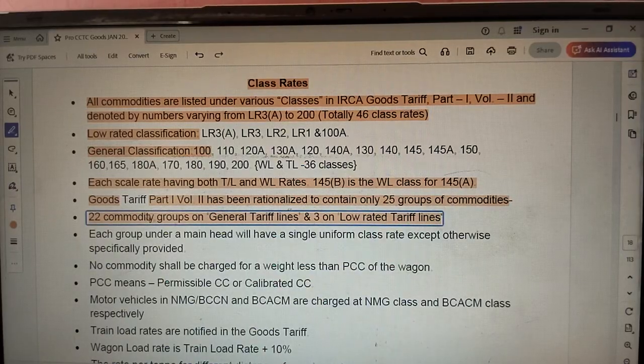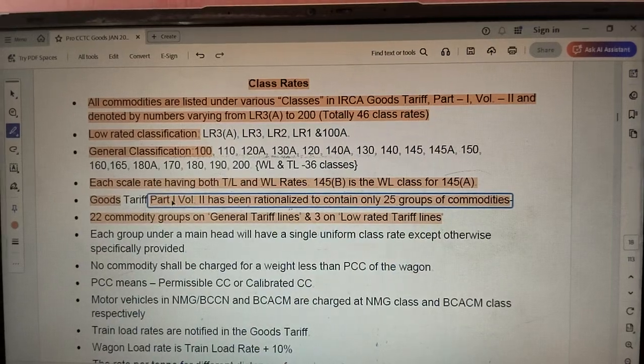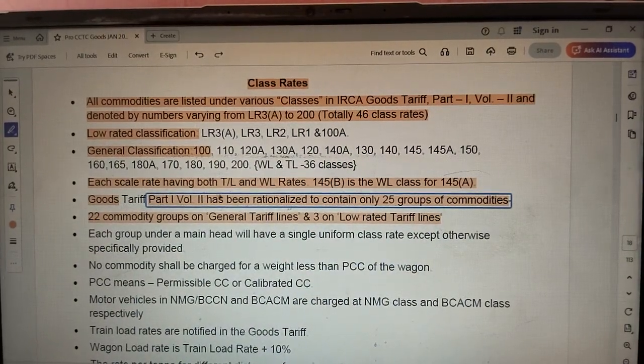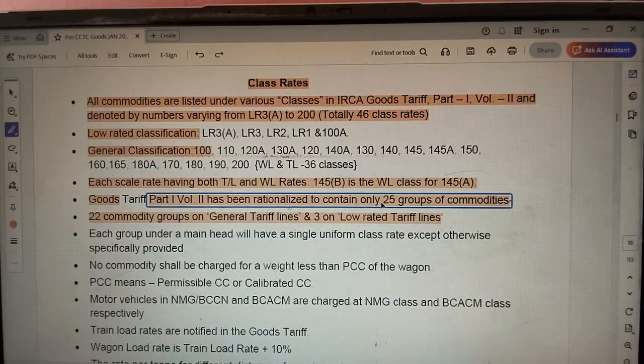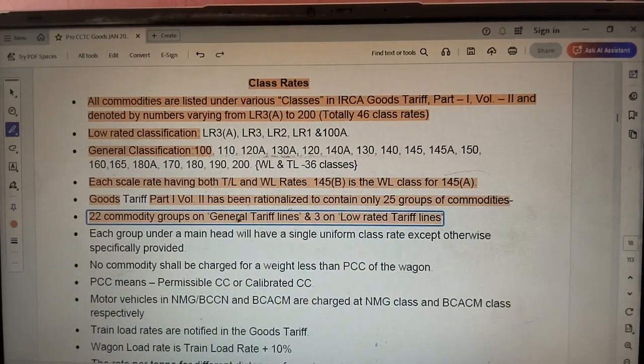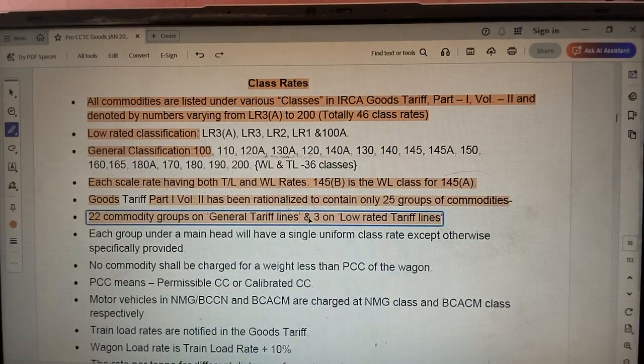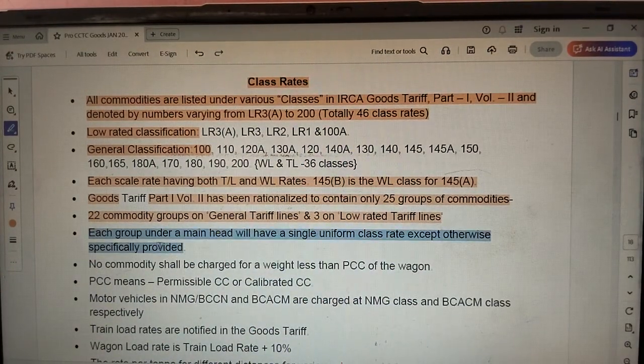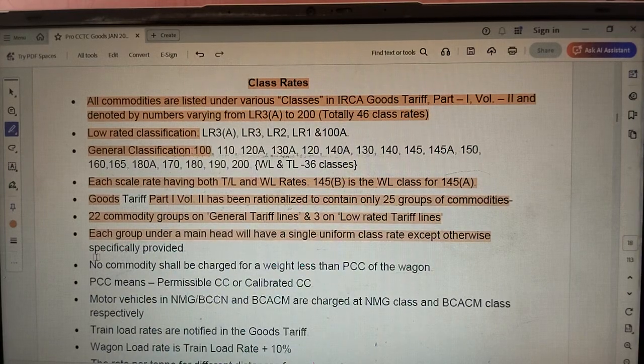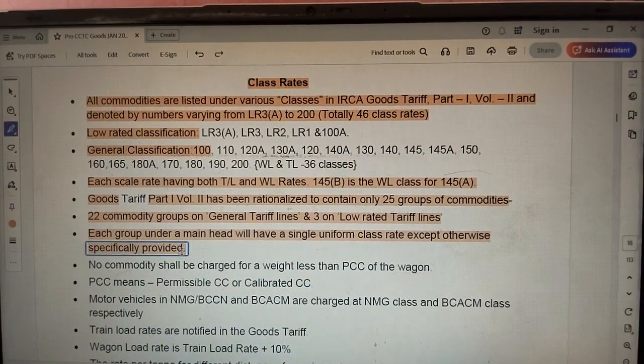Each group under the main head will have a single uniform class rate except as otherwise specially provided.